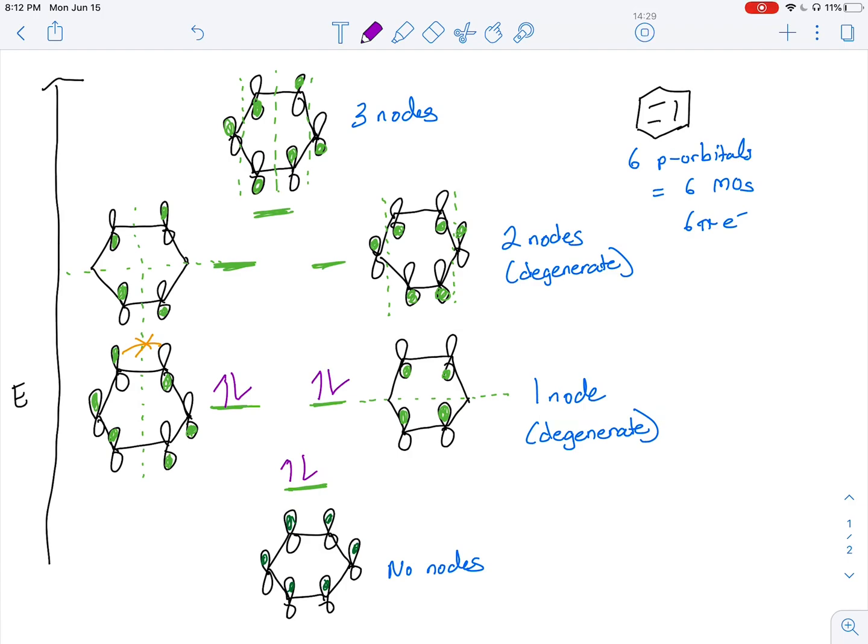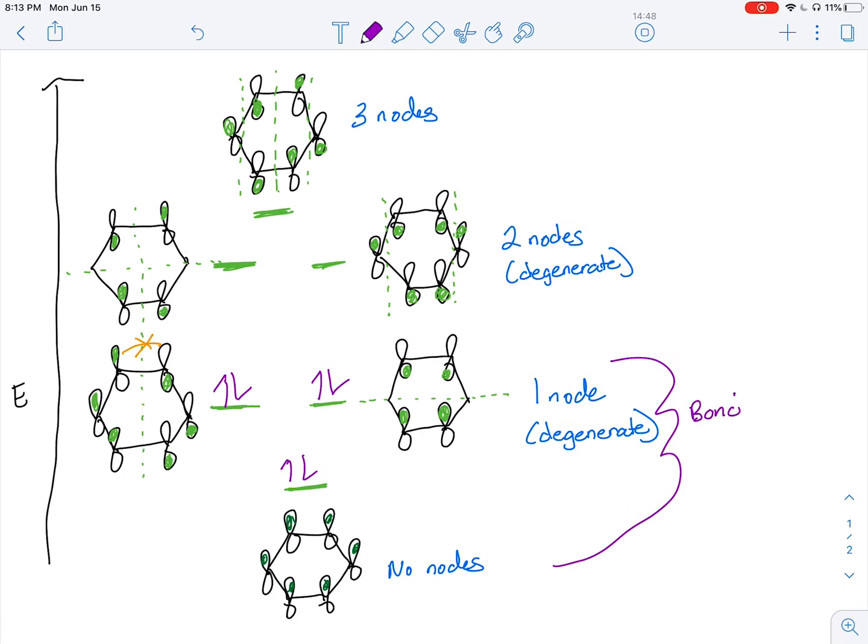So with that said, what we can see here, and I'm going to go ahead and erase this part over here just to draw some space. These 3 orbitals right here are what we would call the bonding orbitals, right? There are electrons in them, so these would be the ones contributing to bonding.